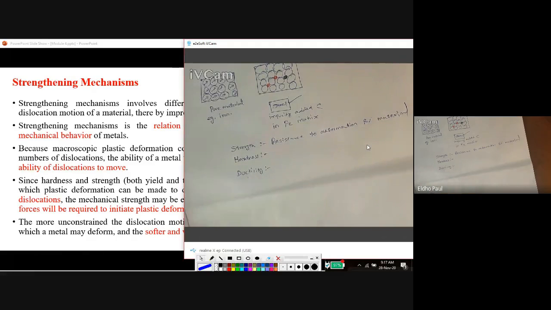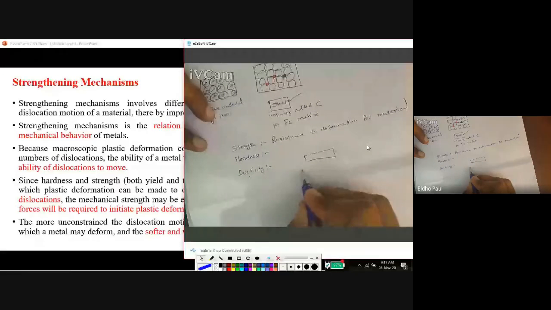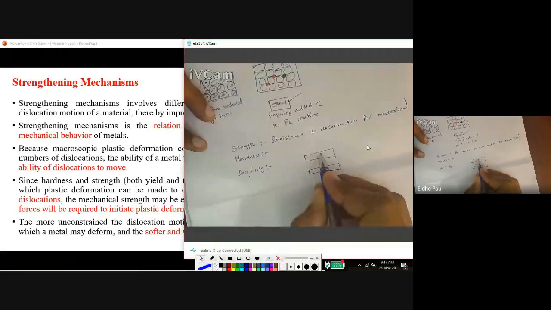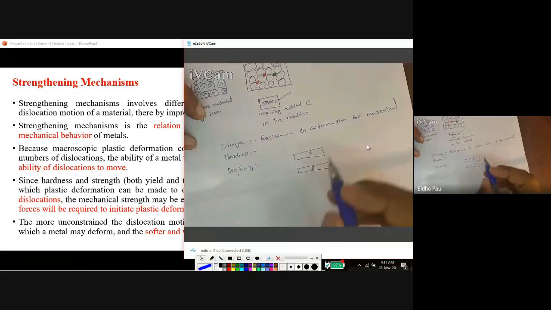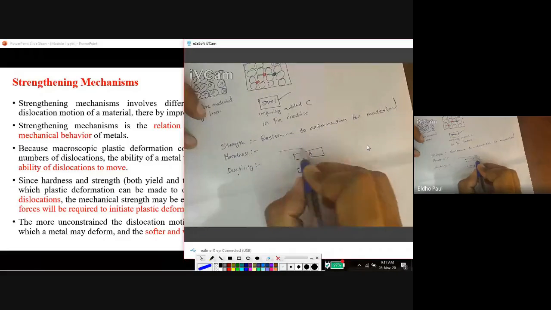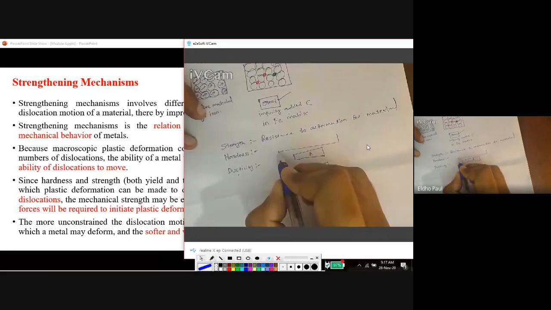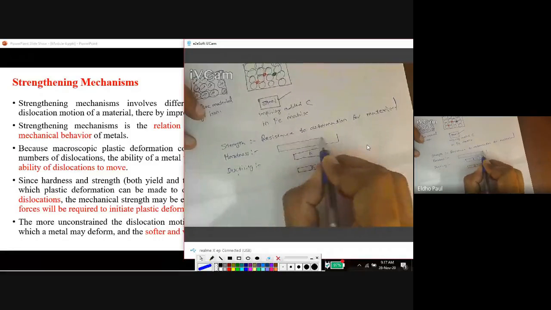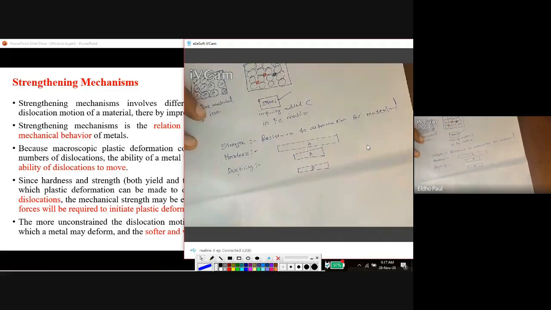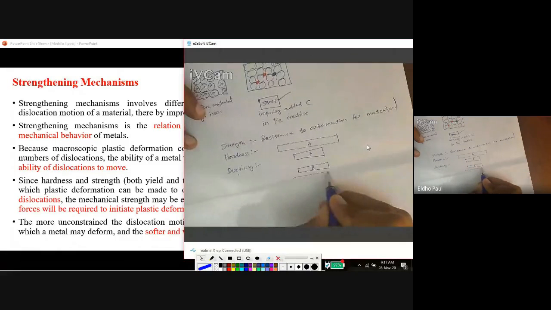Okay, so for example, if I take two materials, material A and B. When I apply load on A, before fracture, A can elongate up to this point. But before fracture, B can elongate up to this point only.